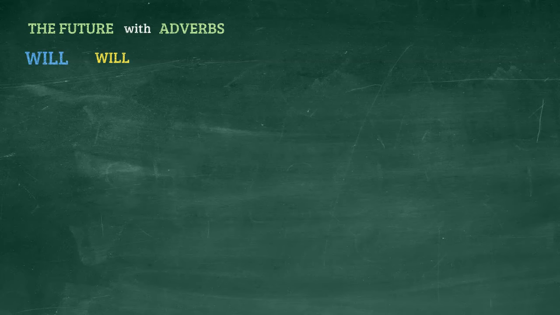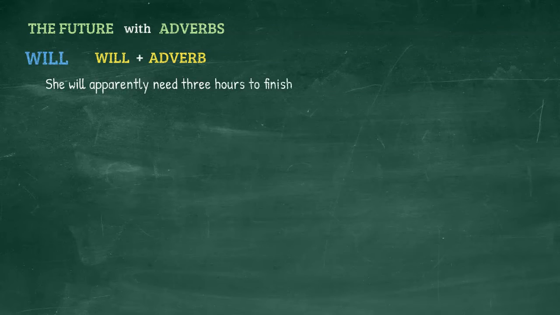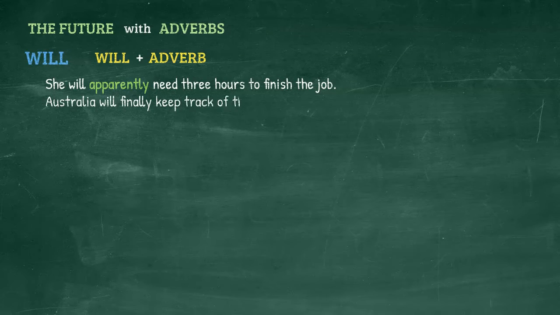Also, when making future sentences with either will or going to, we often add adverbs in order to give a sentence more meaning. When using will, we have to put the adverb after will, as in, she will apparently need 3 hours to finish the job, or Australia will finally keep track of the shark population.